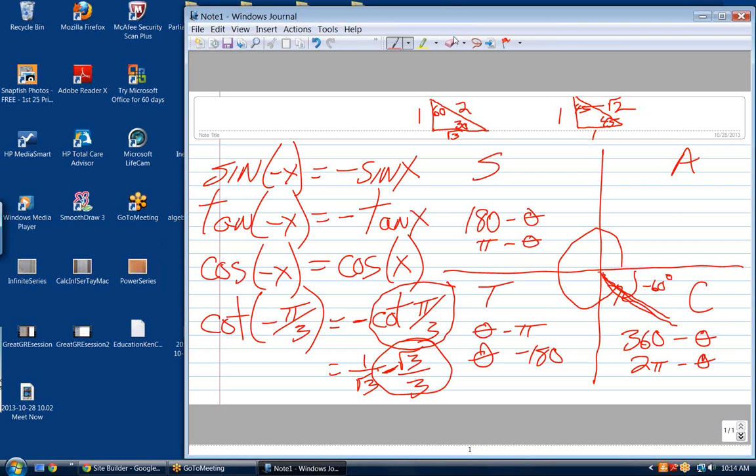But the whole process is easier if you do this first step, convert it to positive angles. Minus pi over 3 is still a fourth quadrant angle. If you get asked what quadrant this is in, it's fourth. And that's why our final sign is negative, because cotangent is negative in the fourth quadrant.